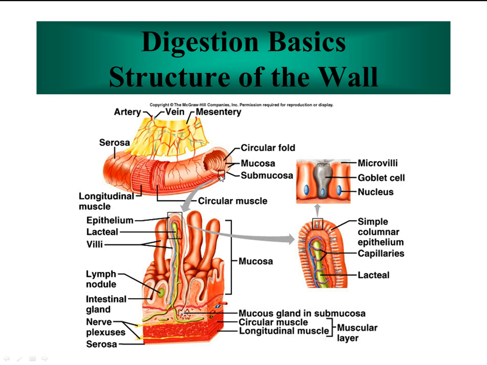Now, why would you have circular muscles and longitudinal muscles? Well, you know that in the digestive tract, in the stomach in particular, that has these 2 layers of muscles, you have peristalsis, which helps to stretch and then contract that stomach to churn that food.